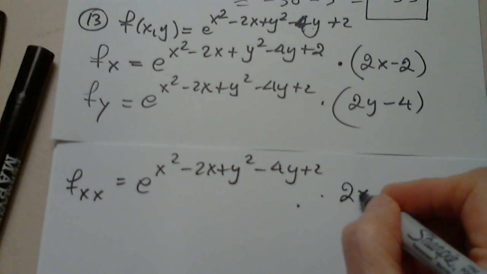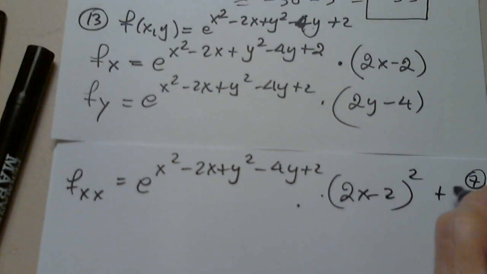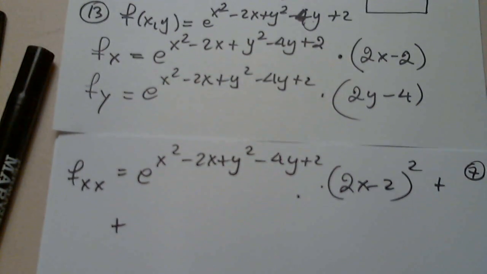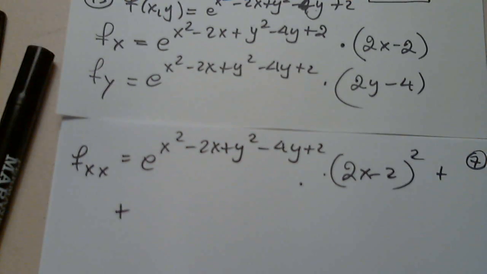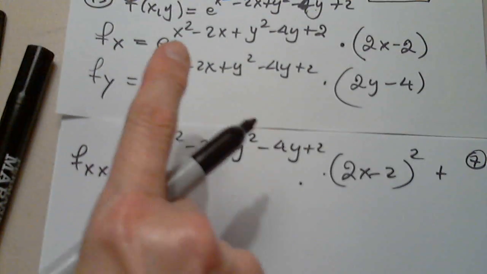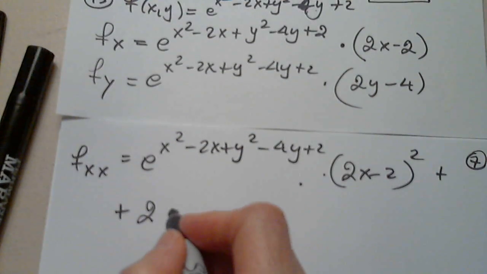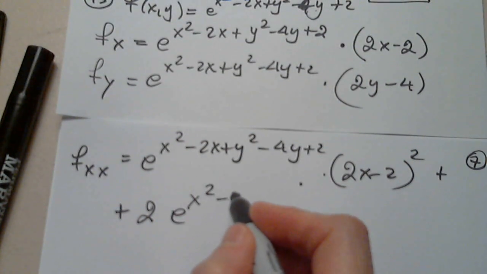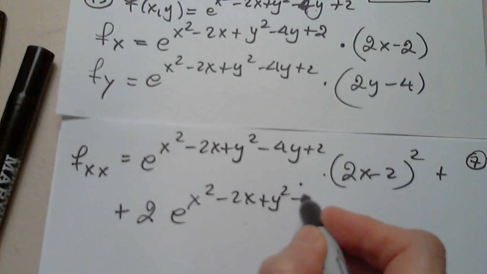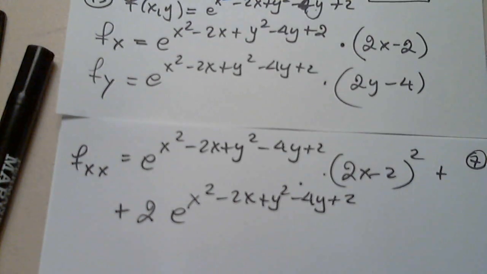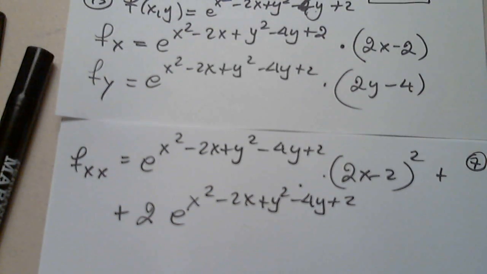So then I have (2x minus 2) squared plus the first function times the second function prime. But the second function prime is only 2. Leave it alone because we only need to evaluate it. We're not going to do anything with fxx.